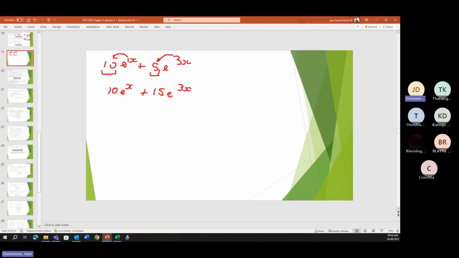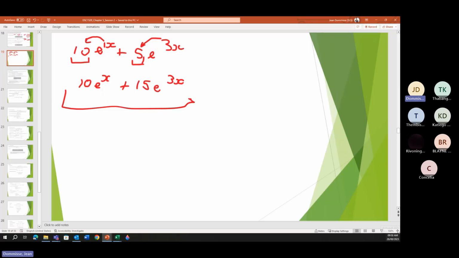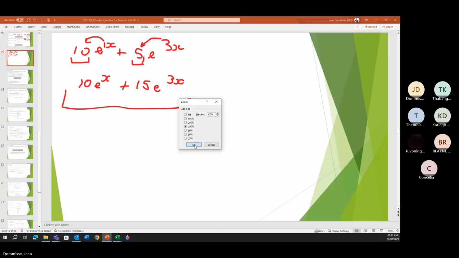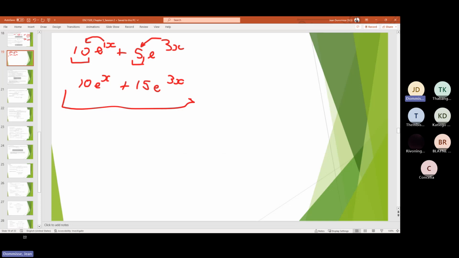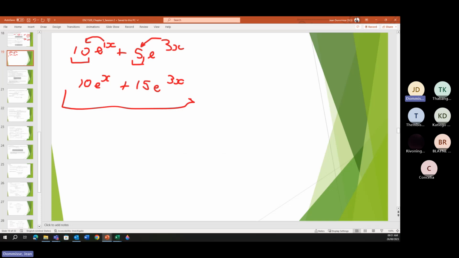Okay. So actually this function is one of the easier ones because, okay, some delays here on my side. Sorry about that.